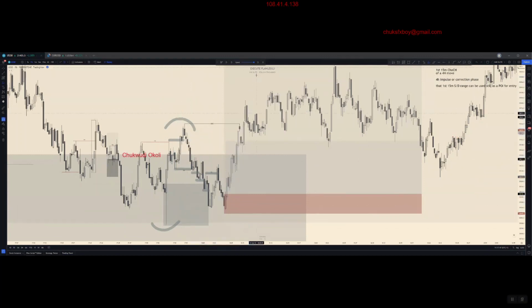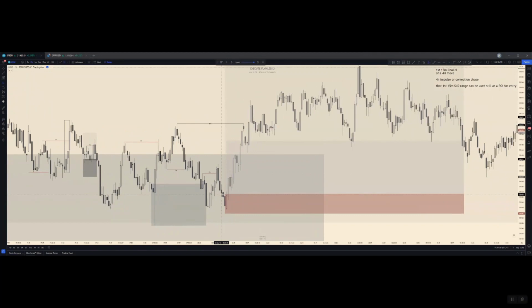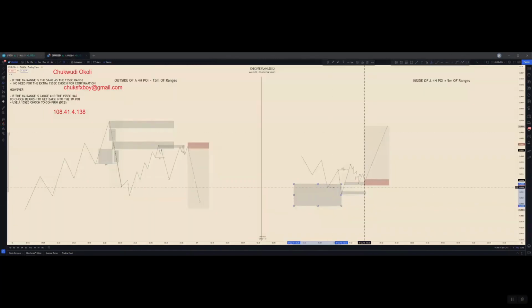Yeah, I have that pinned post in the question channel, if you remember, and I said something like, if the 1 minute leg is too big, then we are going to use 15 seconds for entry. And if we have the 1 minute and 5 minute leg identical, then we are going to use 1 minute internal, something like that. If you remember, in the chat.